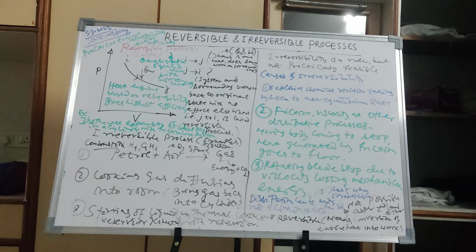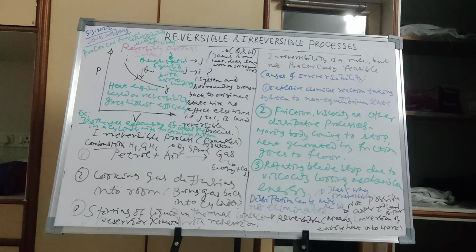Okay. So we have studied different processes like isothermal process, adiabatic process, isochoric process, isobaric process. Those are the different processes we discussed while studying the first law of thermodynamics. Then we studied the work done in different types of processes, like isothermal, how much is the work done, adiabatic, how much is the work done.